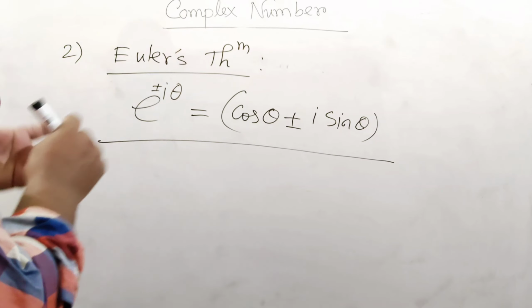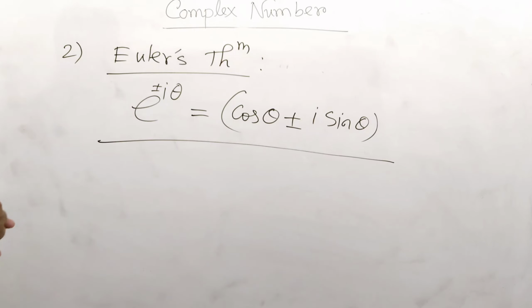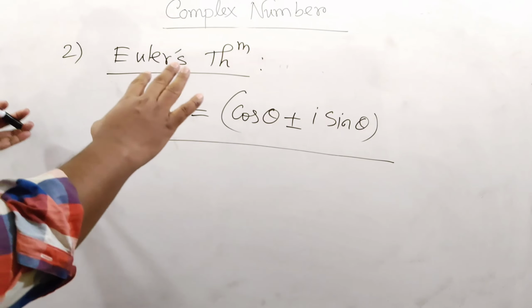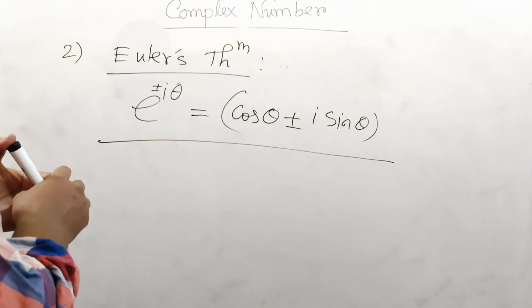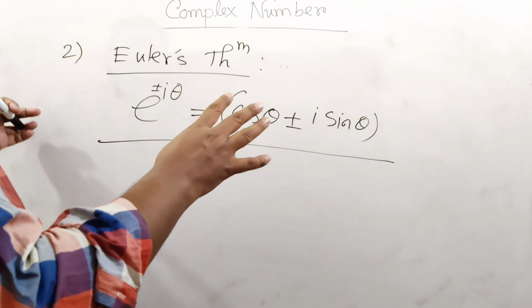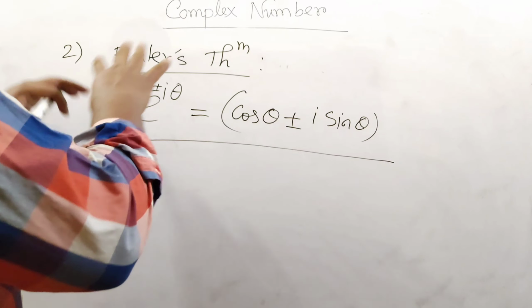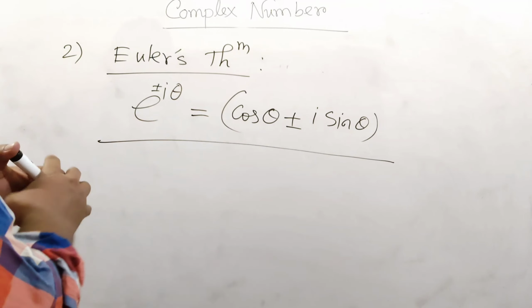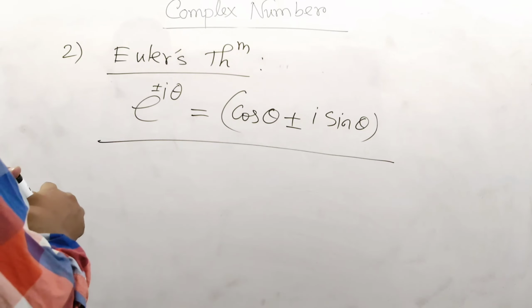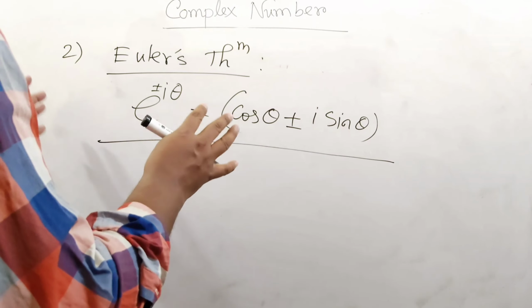This is the first part of my lecture, and in the next part I'll try to solve all the past paper questions from complex numbers. So please everyone watch this lecture completely and try to understand all the concepts about complex numbers. I think it will be very helpful for you. So class, thank you everyone for watching this lecture.